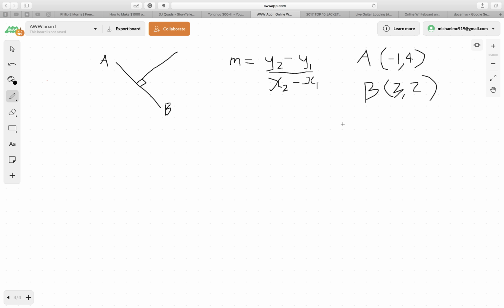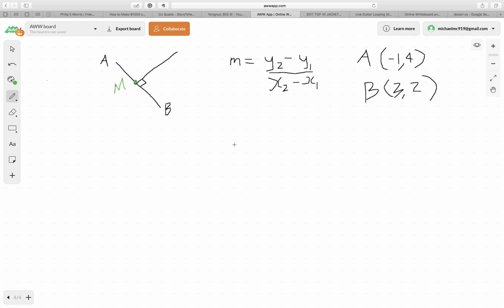So the perpendicular bisector, now bi means 2, so that means that we're cutting the line AB at the half midpoint. So this point here, let me draw that in another color. This point here is the midpoint, right?